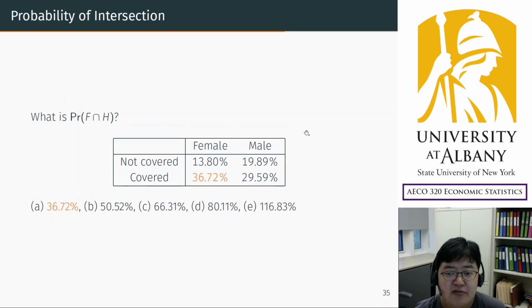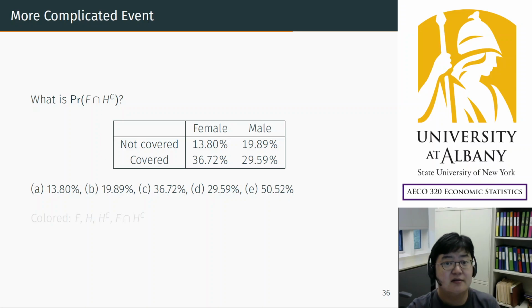So now, you can define a new event using more than one operation. For example, what is the probability of F intersection H complement?